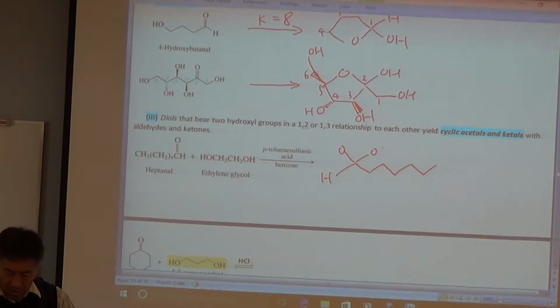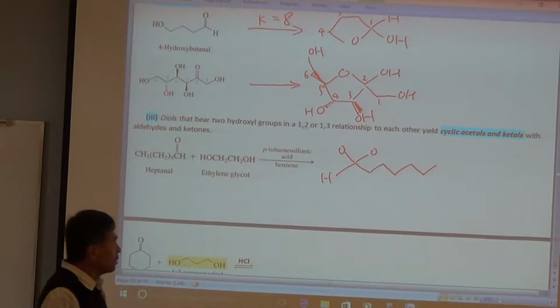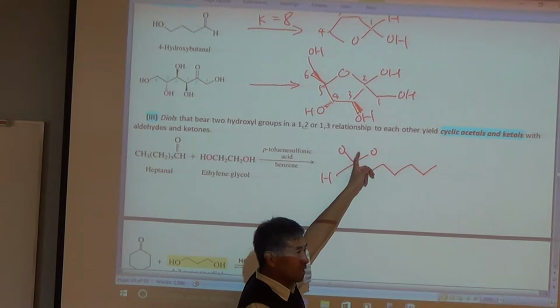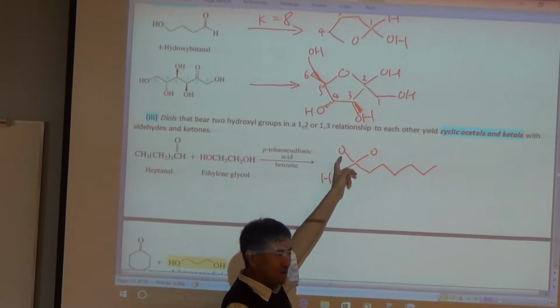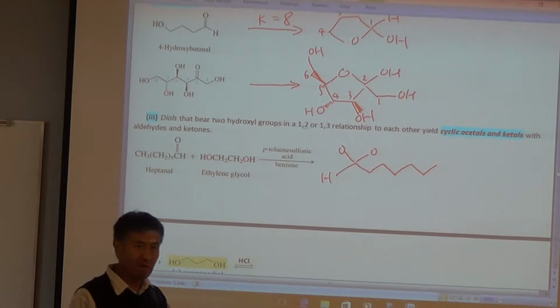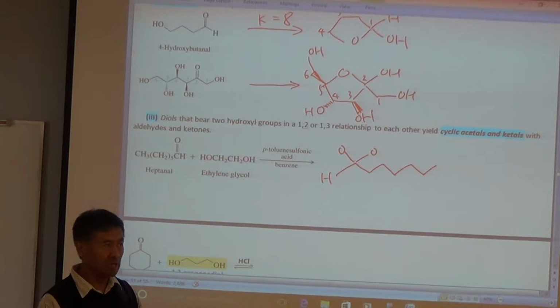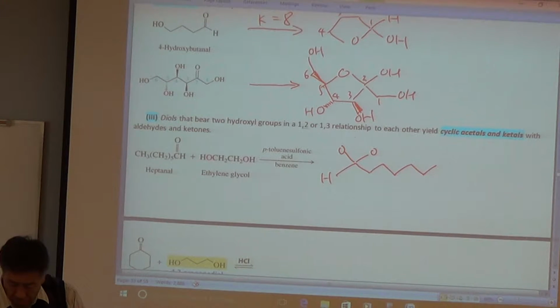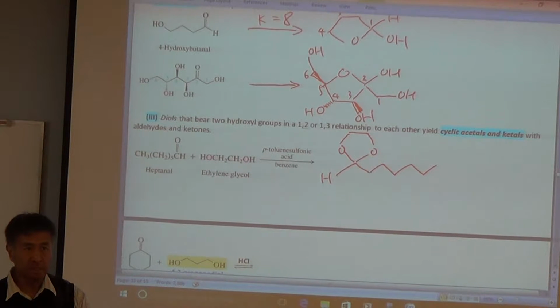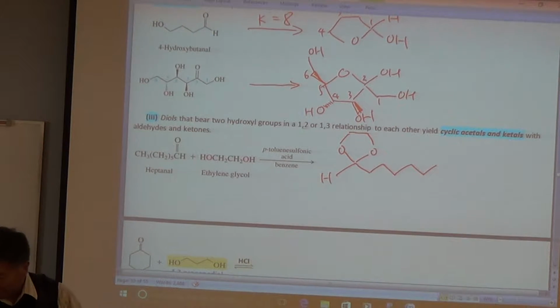So in the usual acetal, this will be OR and that will be OR prime, and they might come from 2 different alcohols or from the same alcohol. Here, both of the O come from the ethylene glycol. This ethylene glycol has 2 carbons, and initially it's structured like that, plus water.